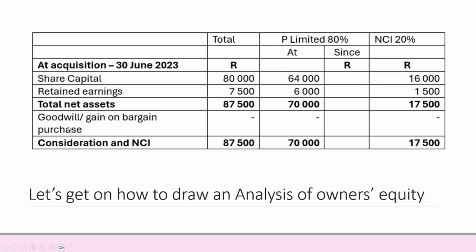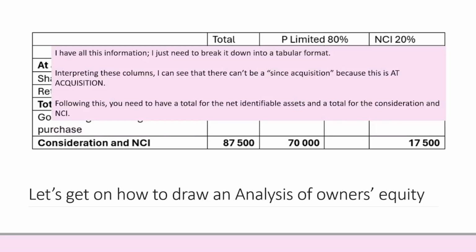Because you know that the difference between your consideration and NCI and your net identifiable assets is your goodwill or gain on bargain purchase. So put them in two separate line items, and the difference between the two is what goes here. Obviously, in this circumstance, if we had goodwill, 100% would have gone to P Limited. Why? Because NCI is measured at its proportionate share and not at fair value. So that's how you draw an analysis of equity.